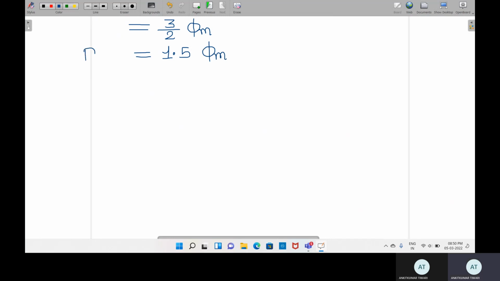So the resultant magnetic field is equal to 1.5 times phi m.